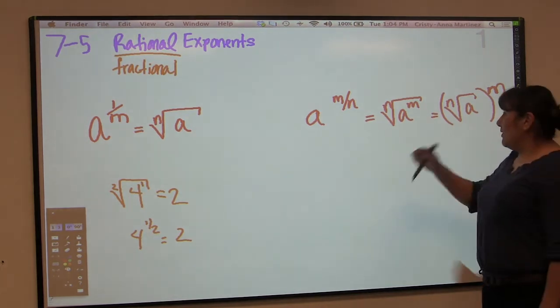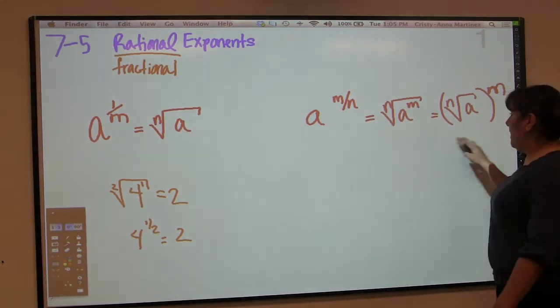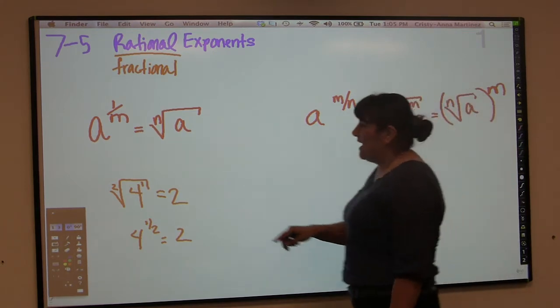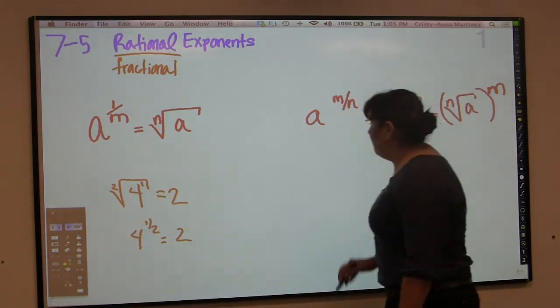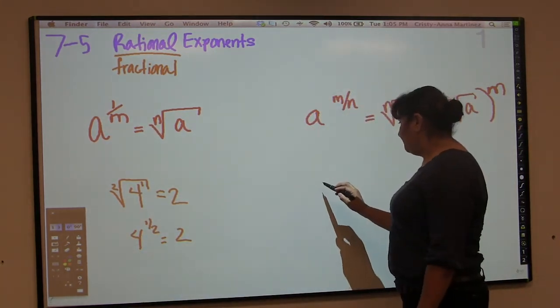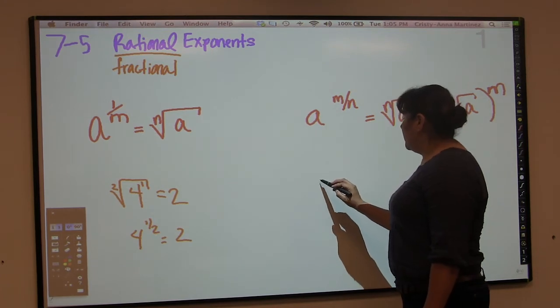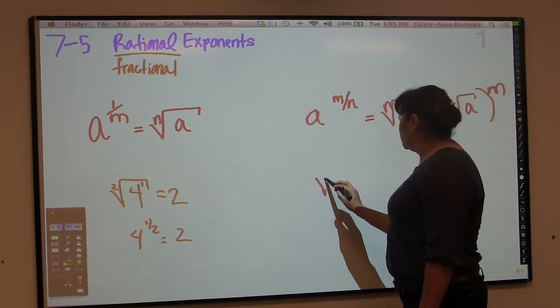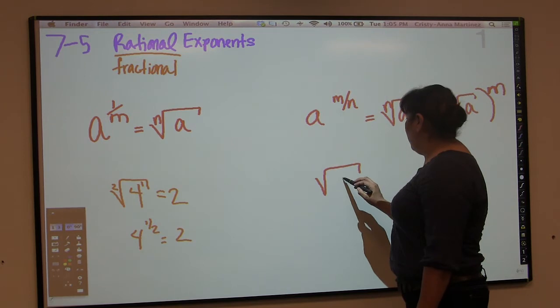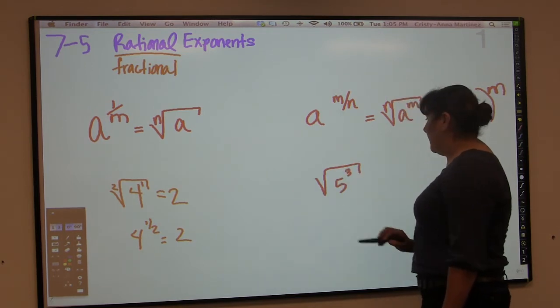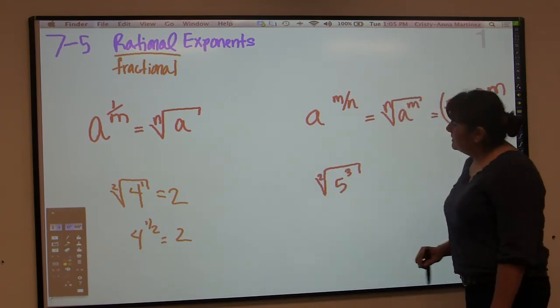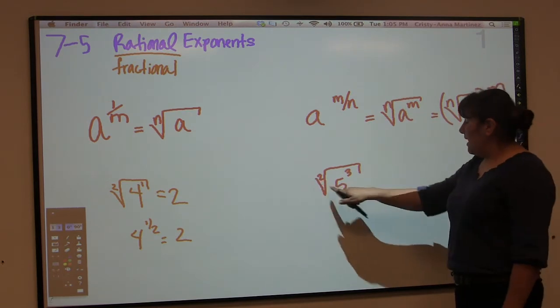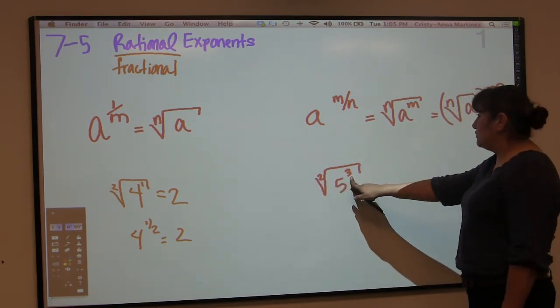Awesome. So anyway, what if your exponent isn't 1, for example? What if you had the square root of 5 to the 3rd power, something like that. In this case, the index is 2, and the exponent inside the radical is 3.